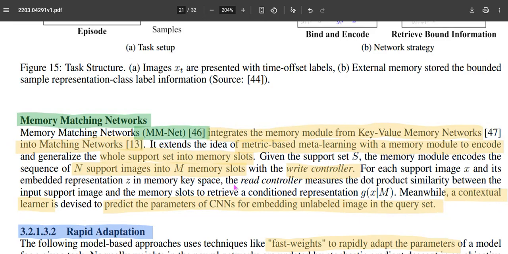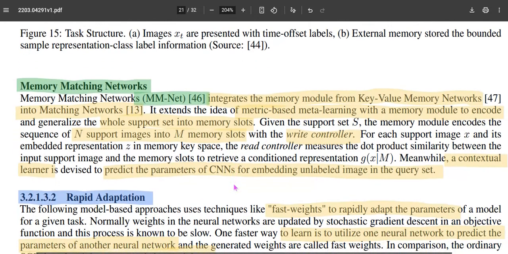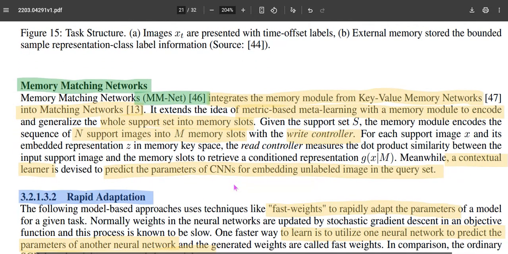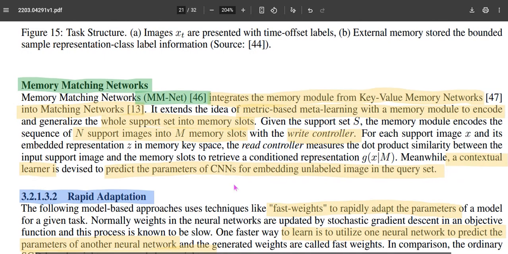When the query is given, it tries to see which embedded information best matches the given query, and based on that it retrieves the information and utilizes it for the classification task. This is highly helpful when the data is insufficient, and during training, the CNN parameters for embedding are trained in parallel along with the way we store and retrieve the information. Thank you.